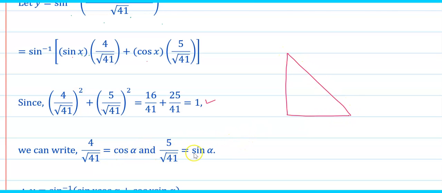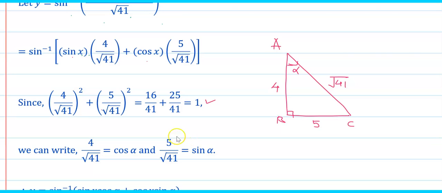That is, cos of alpha is equals to 4 upon root of 41. Means what? If we write here A, B, C. Cos alpha means what? Adjacent side upon hypotenuse, and this is the front side. Okay, and this angle is alpha. Cos alpha is equals to adjacent side upon hypotenuse. Sin alpha is equals to 5 upon root of 41.